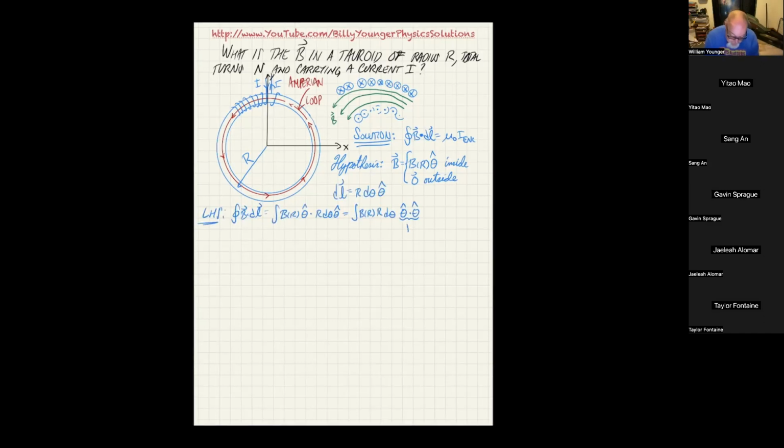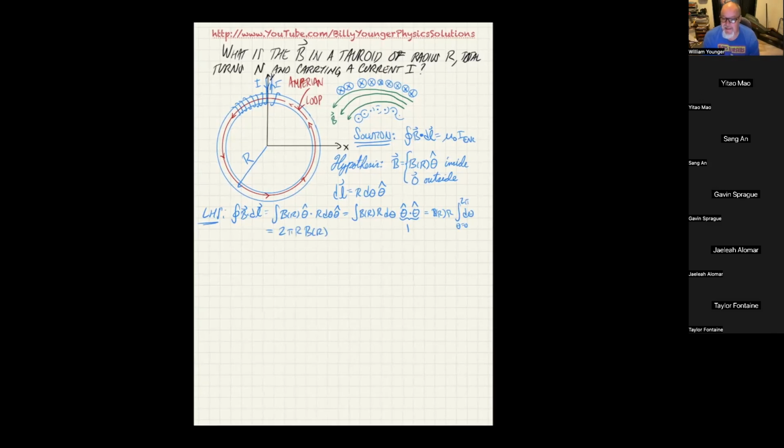And the fact that it's evaluated on a constant radius r means all of this comes out in front, and I get B of r times the integral of d theta from theta equals 0 to 2 pi, which ultimately just gives me 2 pi r B of r.